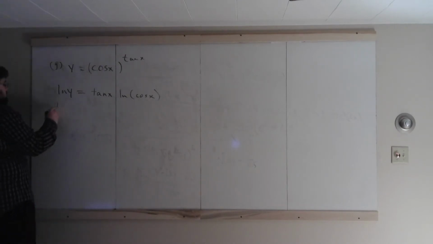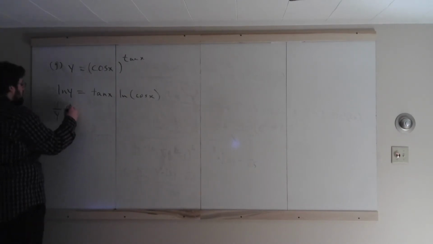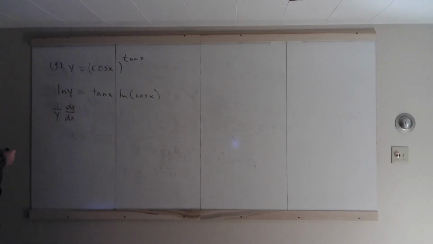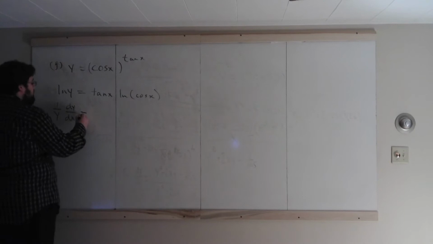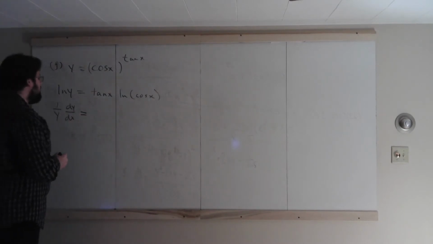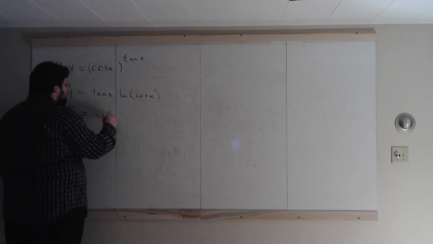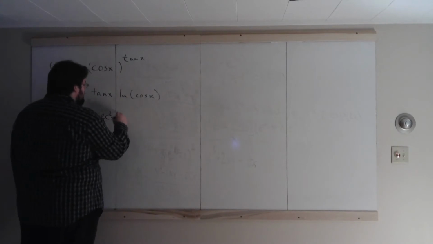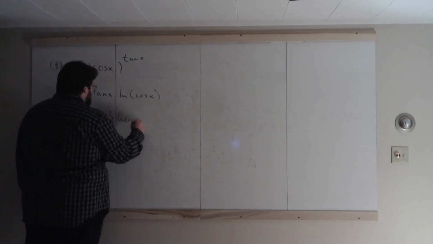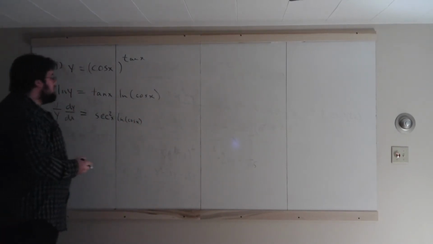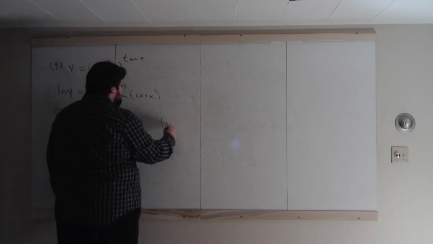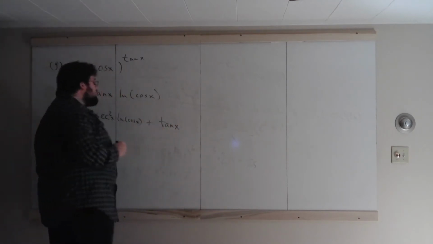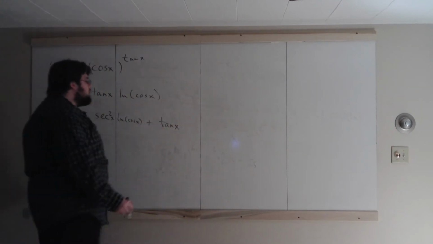Well, differentiate implicitly, left side you get 1 over y, dy dx by chain rule, and on the right side we have another product rule. Derivative of tangent is secant squared, leave log cosine alone, plus tangent x times derivative of log cosine.